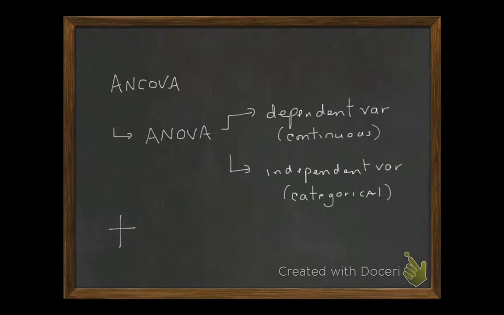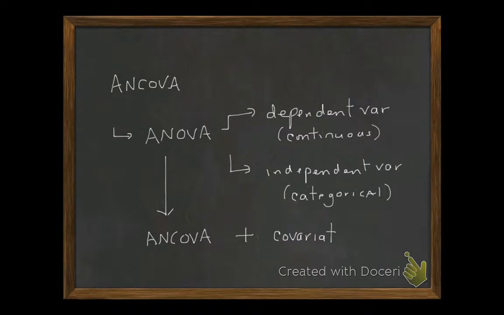The ANOVA becomes an ANCOVA when we add a covariate.